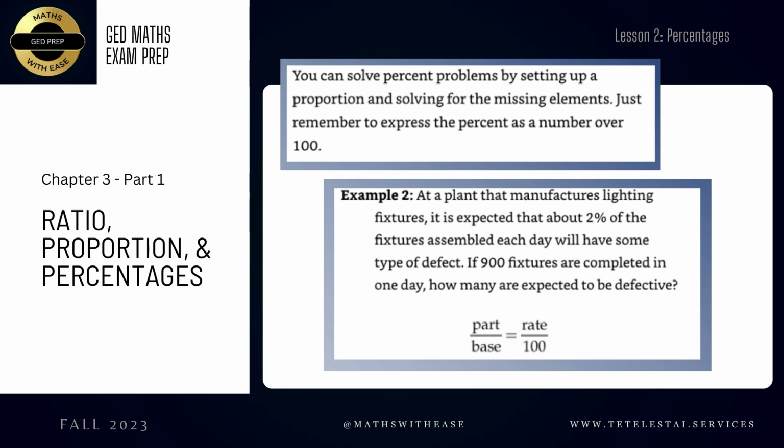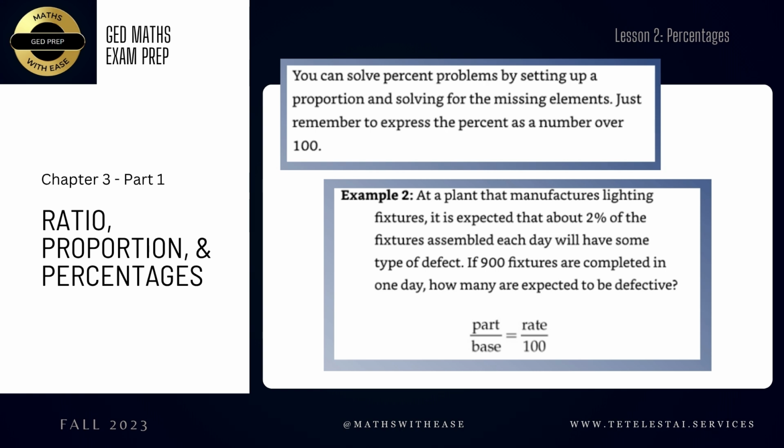So again, when you're dealing with percentages, your formula is always going to be your part over your base, and you equate that to the rate over 100, okay? So in the question, we don't know what the part is, right? Because we're told that a plant manufactures lighting fixtures, and it's expected that about 2%, so we have our rate, 2 out of 100, on the right-hand side.